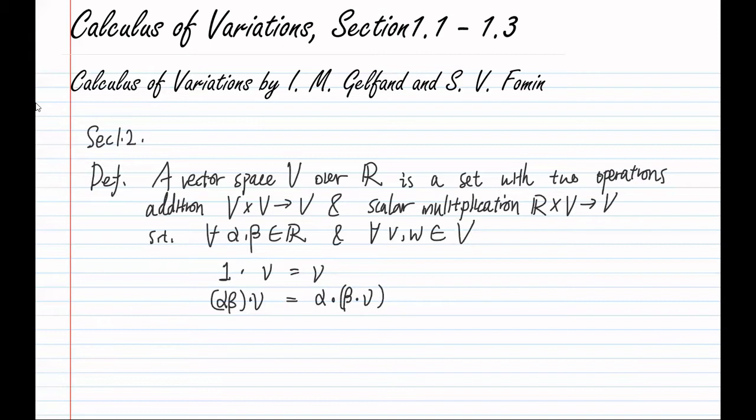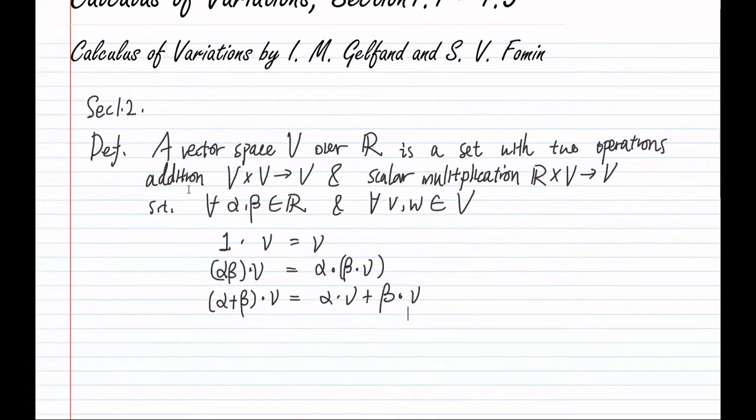And then we also have two distributivity laws, which basically say the addition of two scalars times a vector would distribute. And the same is true for distributivity on the vector side.